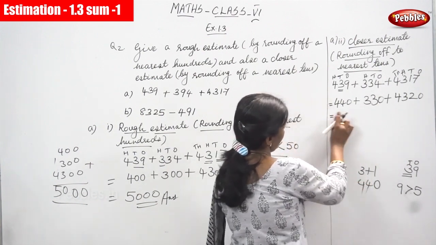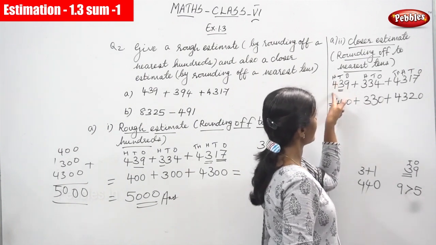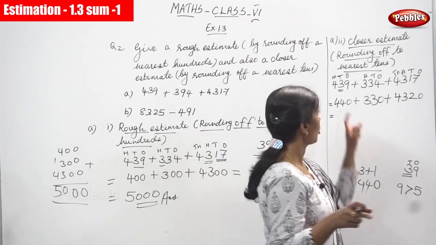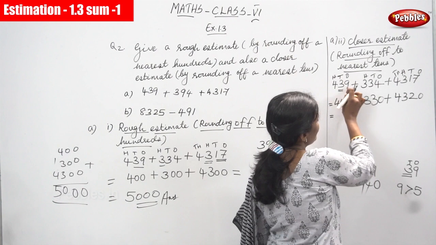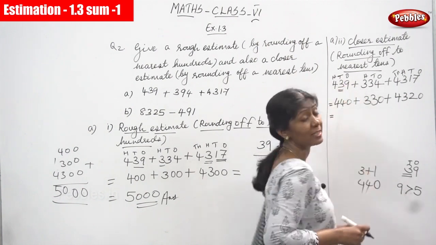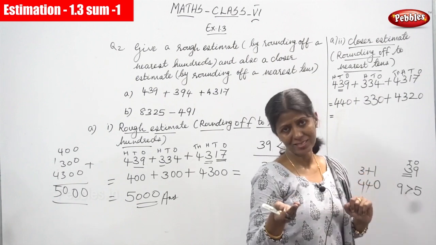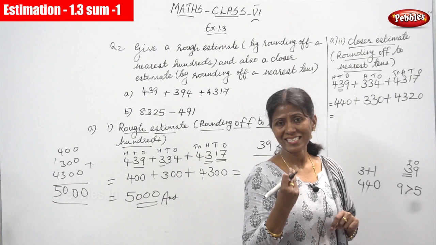I'll repeat once again the first one. 439: hundreds place 4, tens place 3 and ones place 9. This is nearest to 10 only, so you have to consider the tens place value. What is the number in the tens place? 3. You should not consider only the tens place value, you have to consider the ones place value also. Then only can you round off to the nearest 10.